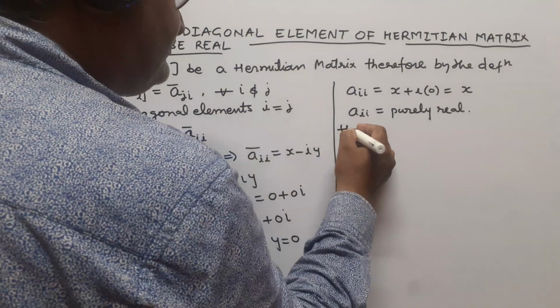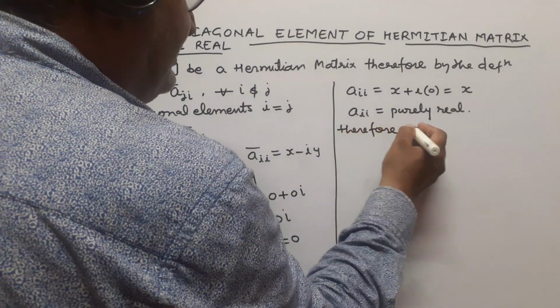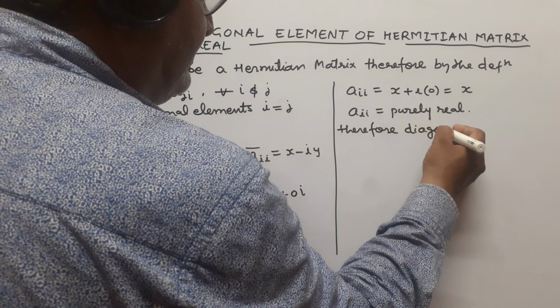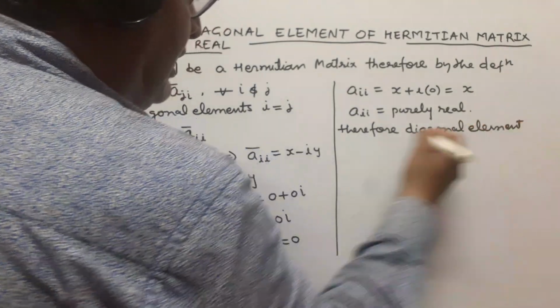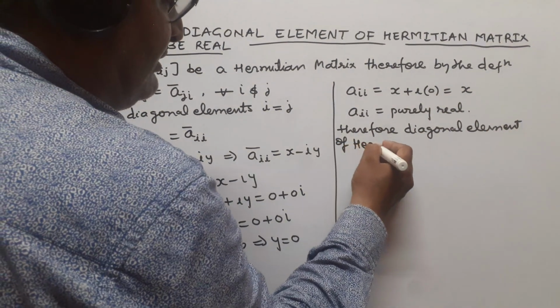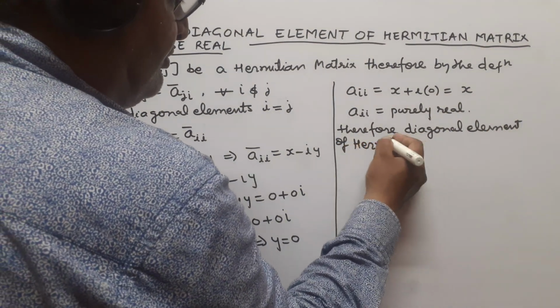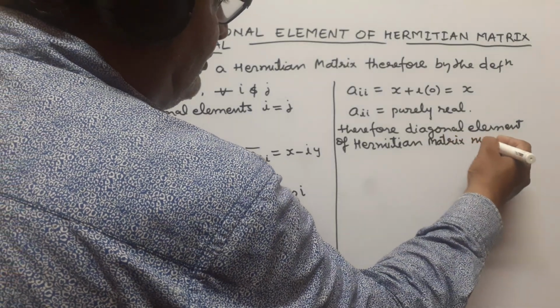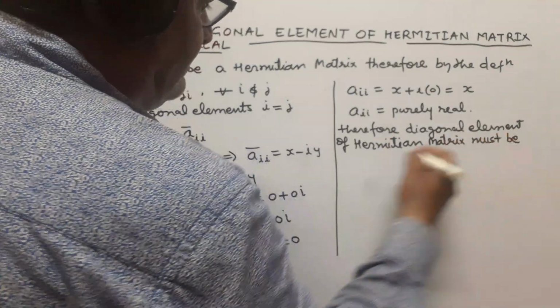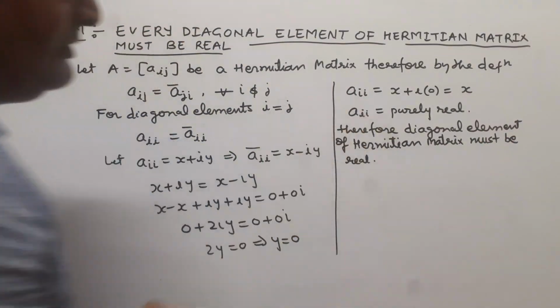Therefore, the diagonal element of a Hermitian matrix must be real. Thank you.